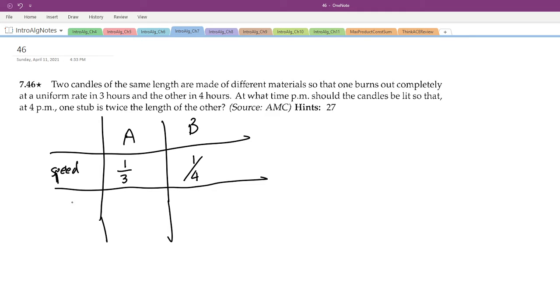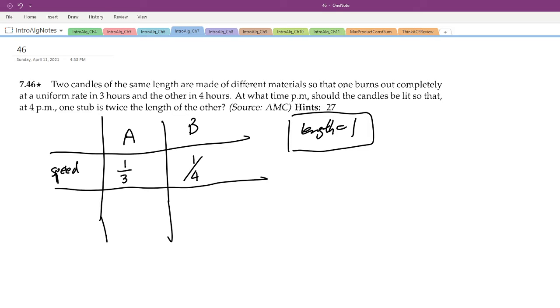The length is 1. This is how we normally treat relative things. We can assume one thing is 1 to make things simple.